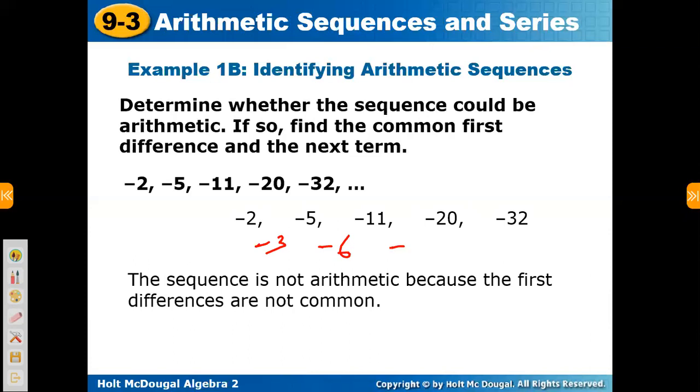So as we can see from here, the differences are not constant. Since the differences are not constant, we can say that the sequence is not arithmetic.